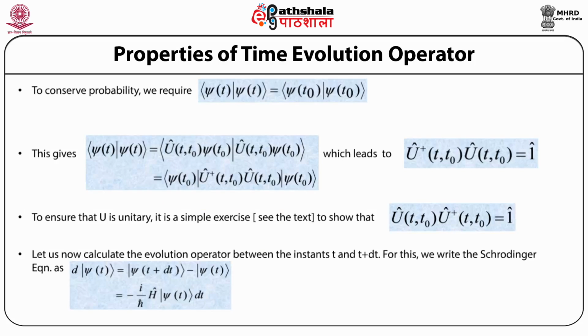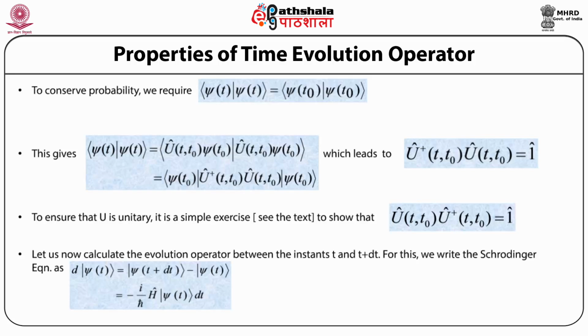Now let us consider the example of a time independent Hamiltonian. That means that the Hamiltonian operator does not explicitly depend on time. Suppose we have chosen a time independent Hamiltonian operator such that the partial time derivative of the Hamiltonian operator H is equal to 0.